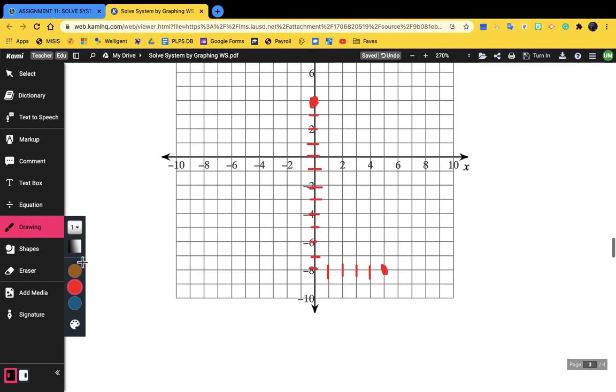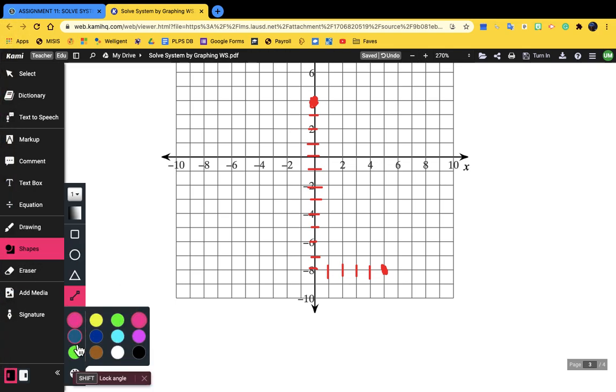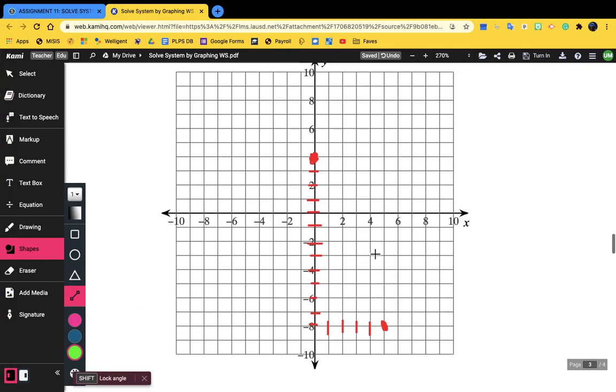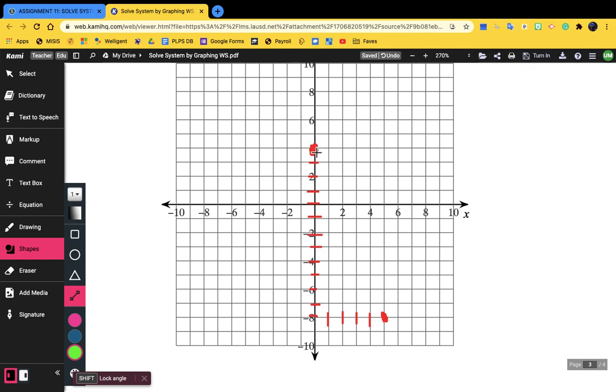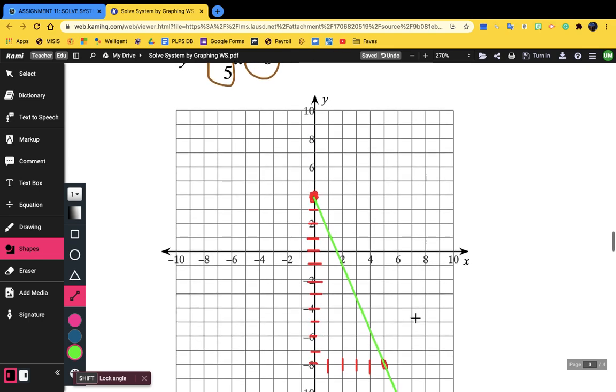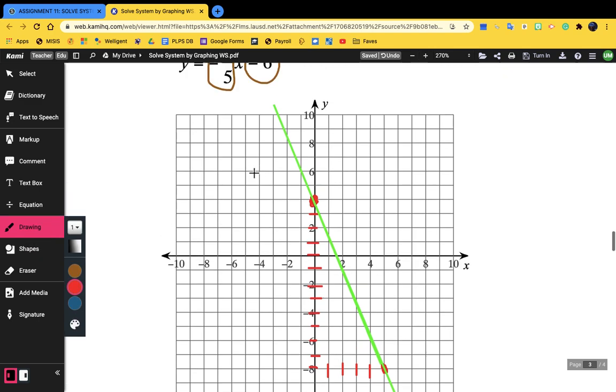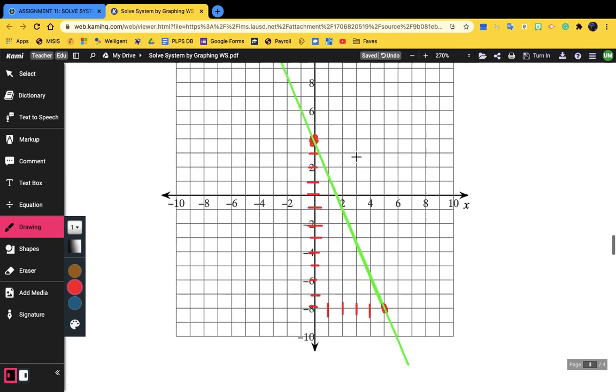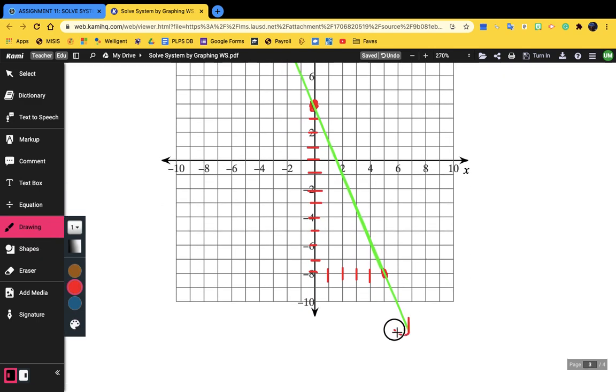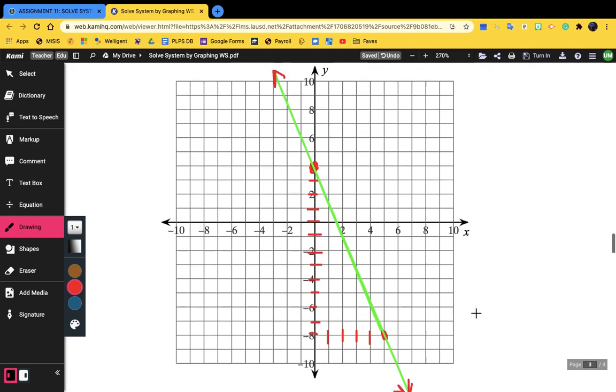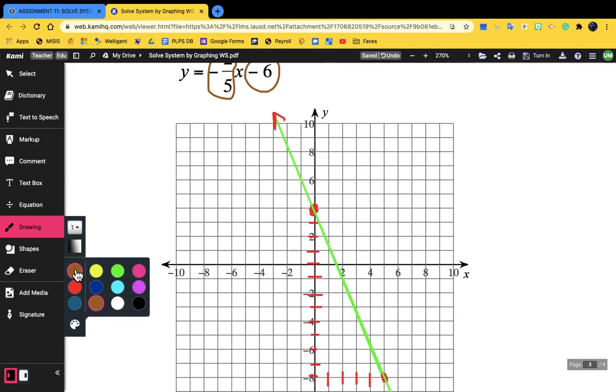Right there. Go to my shapes. I'm going to pick green. So I'm going to go from my first orange through my second orange, and from my second orange through my first orange. Go back to drawing, arrows and arrows. Very Christmassy, right? Look at this, very Christmassy. Okay, brown.